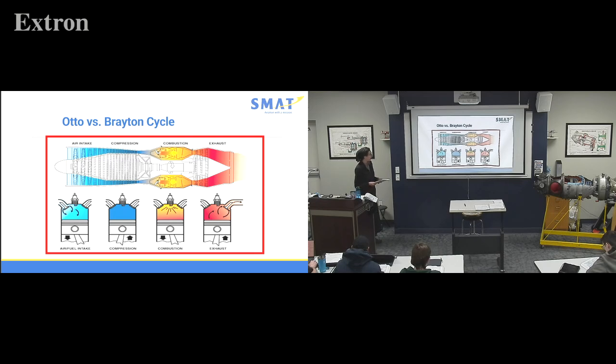So, now we're also going to talk about intakes and how they are shaped as a duct to help with our air.